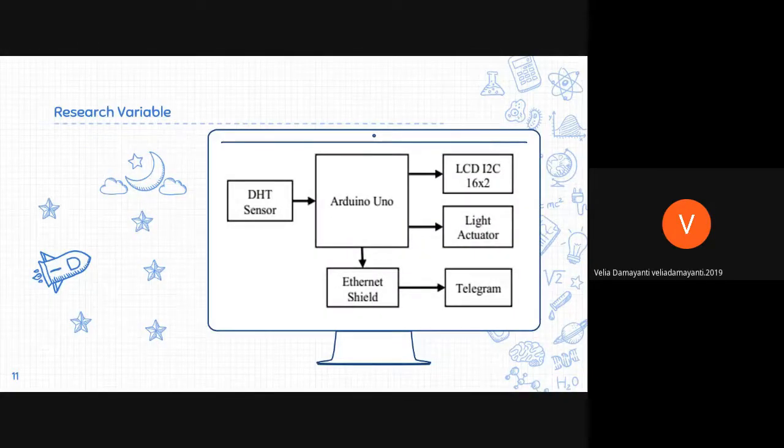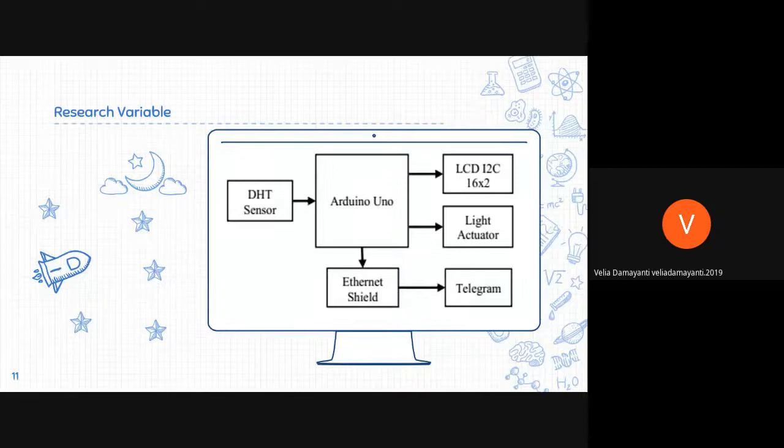Research variables. The author uses a DHT11 sensor to measure the temperature in the environment. The controller used is an Arduino Uno for controlling the environmental temperature monitoring system.